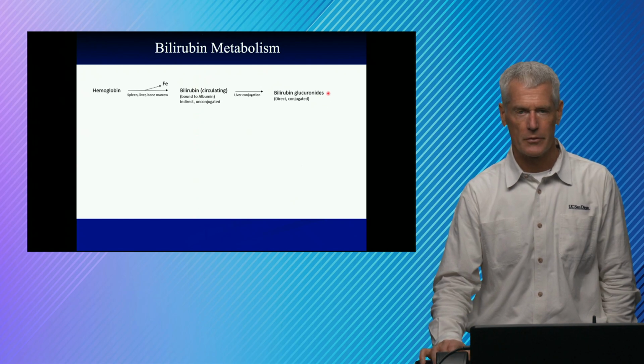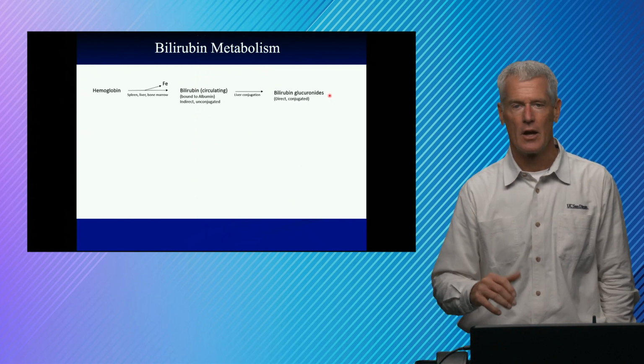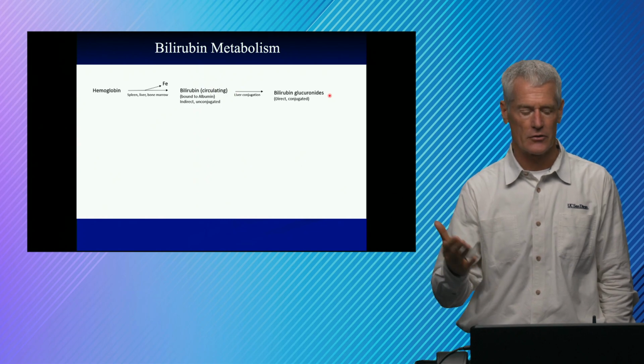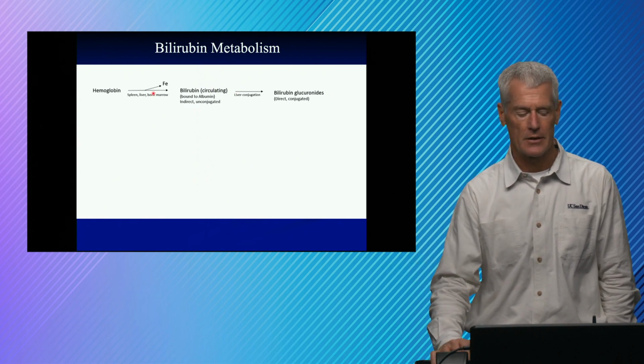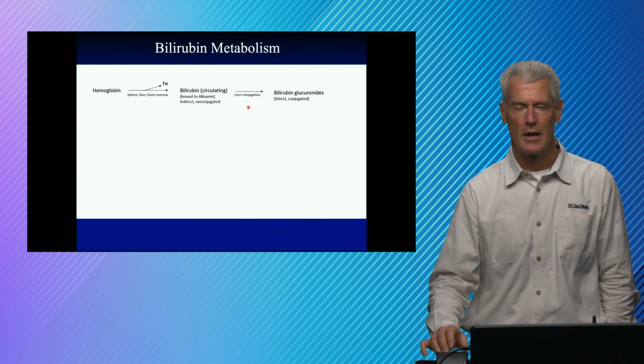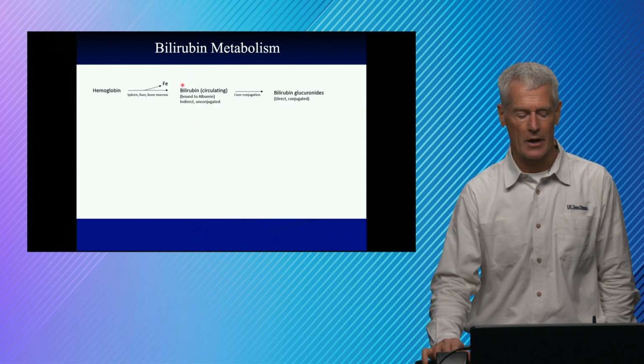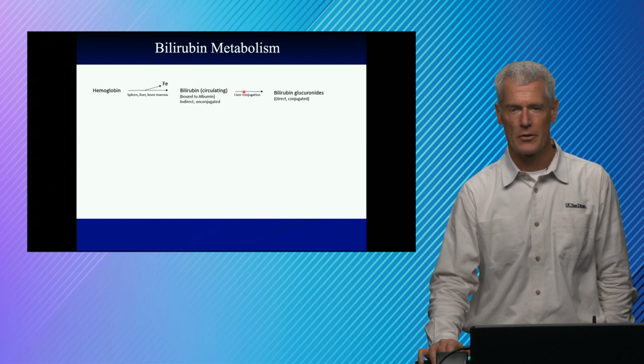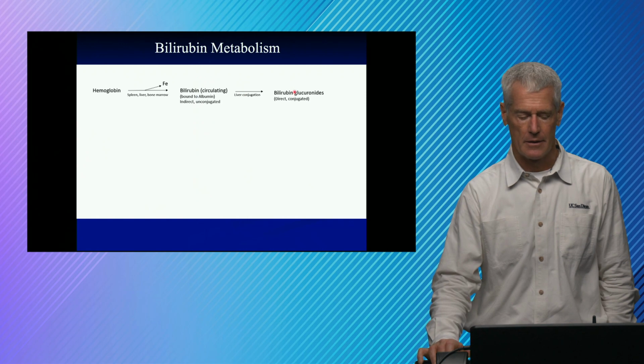So essentially the way it works is we run it once and we get the direct, we add an accelerant that's going to solubilize the unconjugated, and we get a total. And if we want to know how much unconjugated is there, we simply subtract out the direct from the total and we get unconjugated.